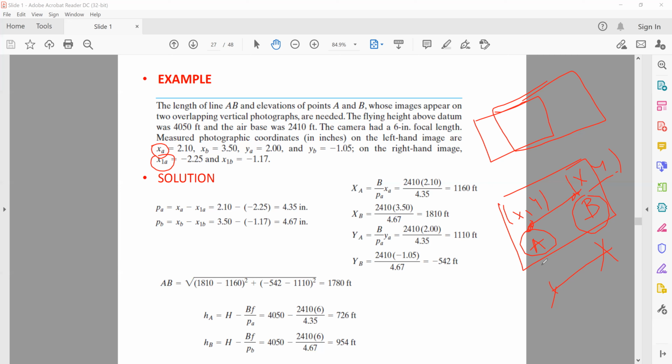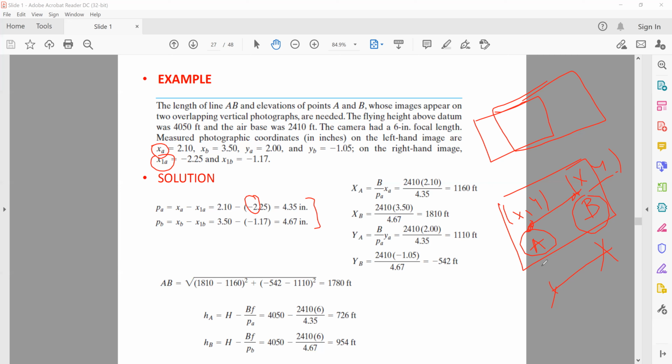So parallax for A would be xa minus x1a. The second point is denoted by x1a, and see that the sign remains the same in the equation and you get the parallax. Similarly, you can calculate the parallax for the point B in the same way.